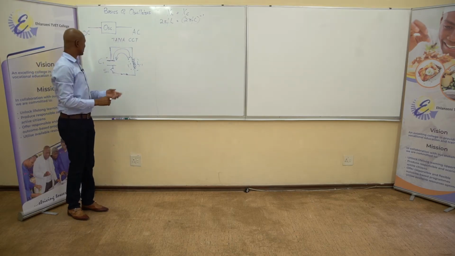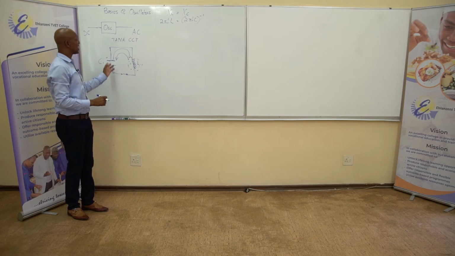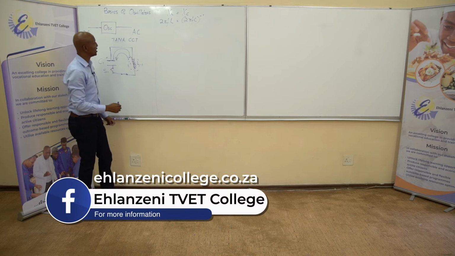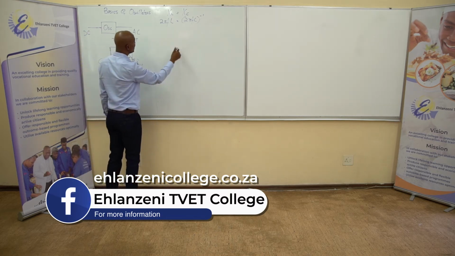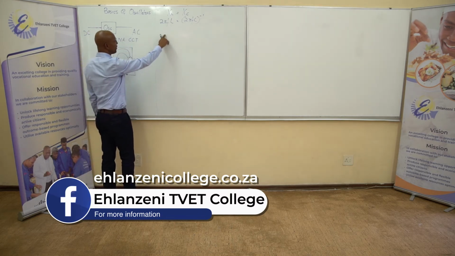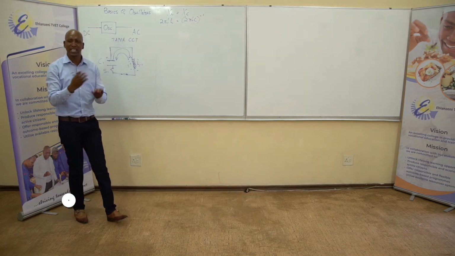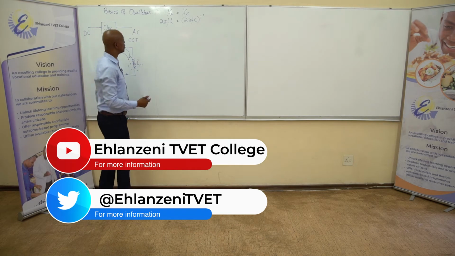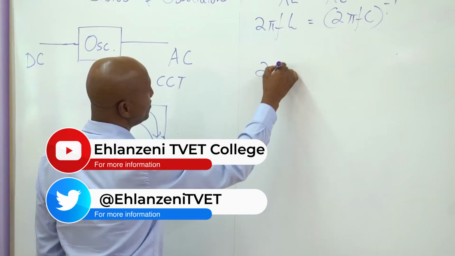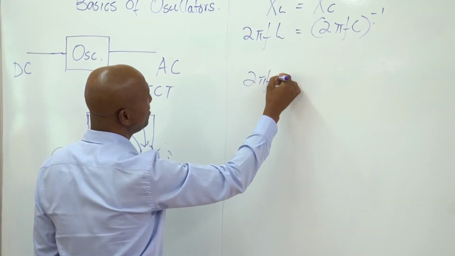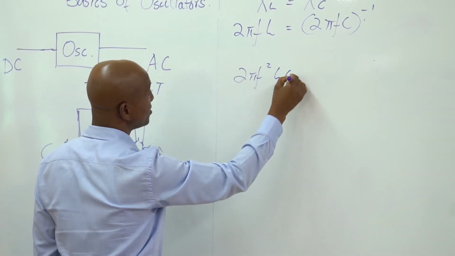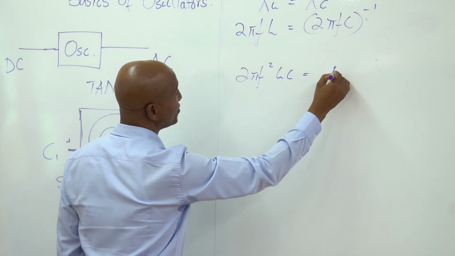So we can now determine how much time it will take for this to alternate or to do the oscillation. If we want to know the frequency of oscillation, the speed at which these two will keep on exchanging the energy, we can now manipulate the formula and say (2 pi f) squared LC is equal to 1.